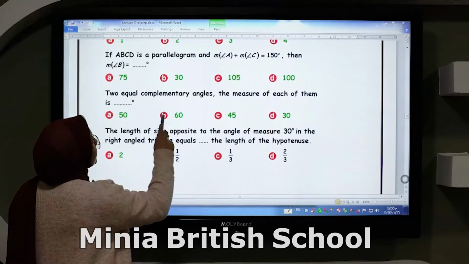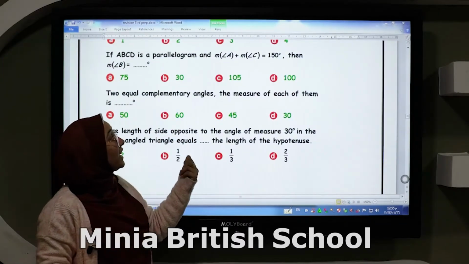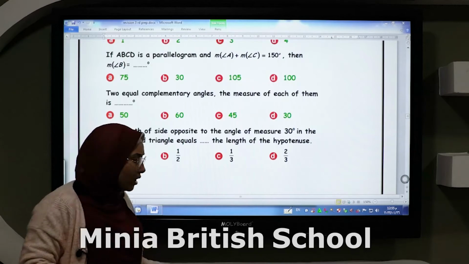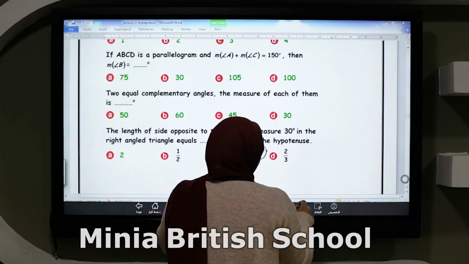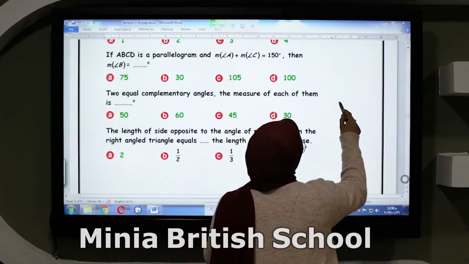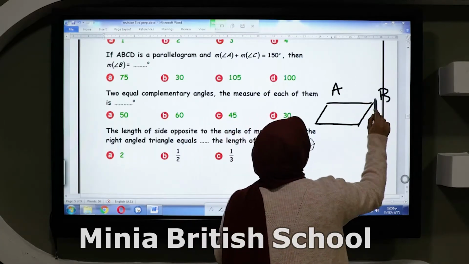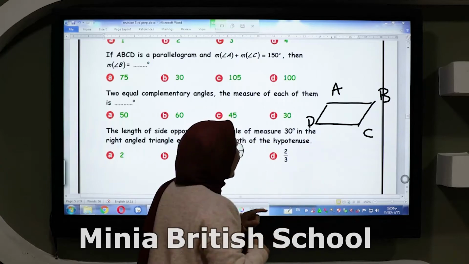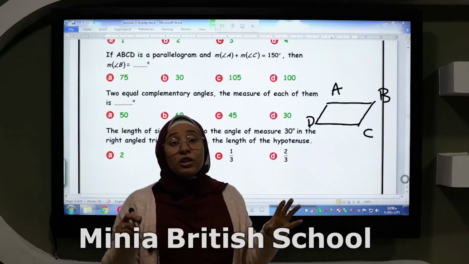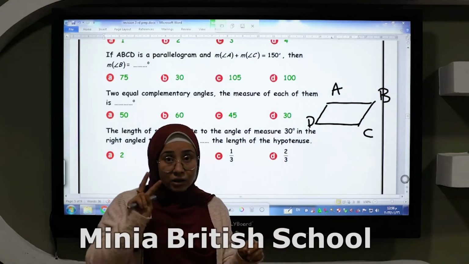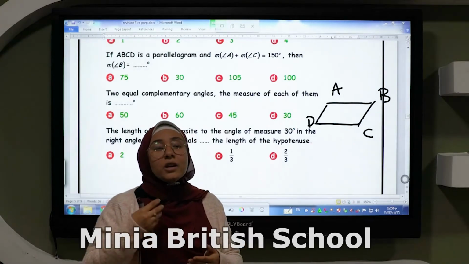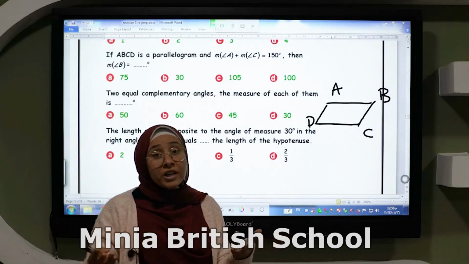ABCD is a parallelogram. The measure of angle A and C equals 150. You can draw a parallelogram A, B, C, D. A and C are 2 opposite angles, and the 2 opposite angles in a parallelogram are equal in measure.